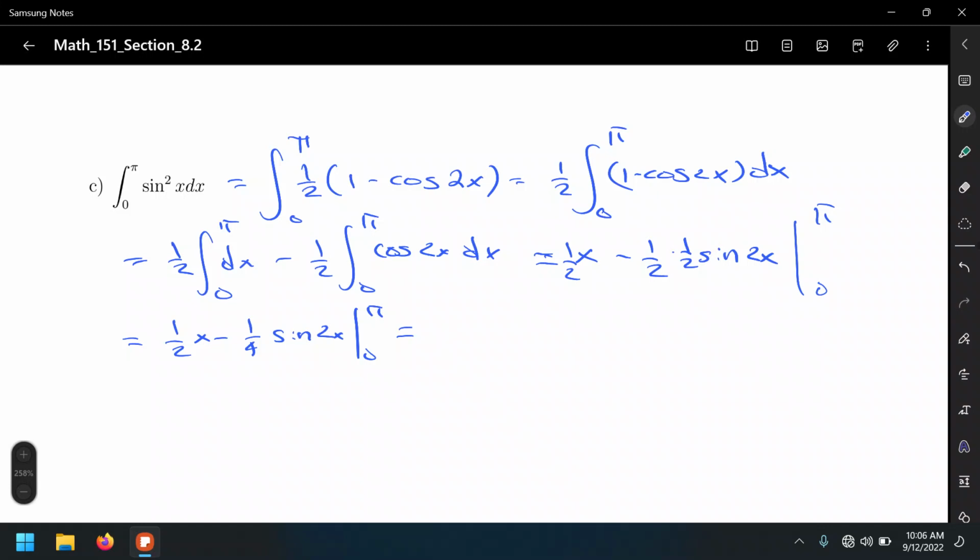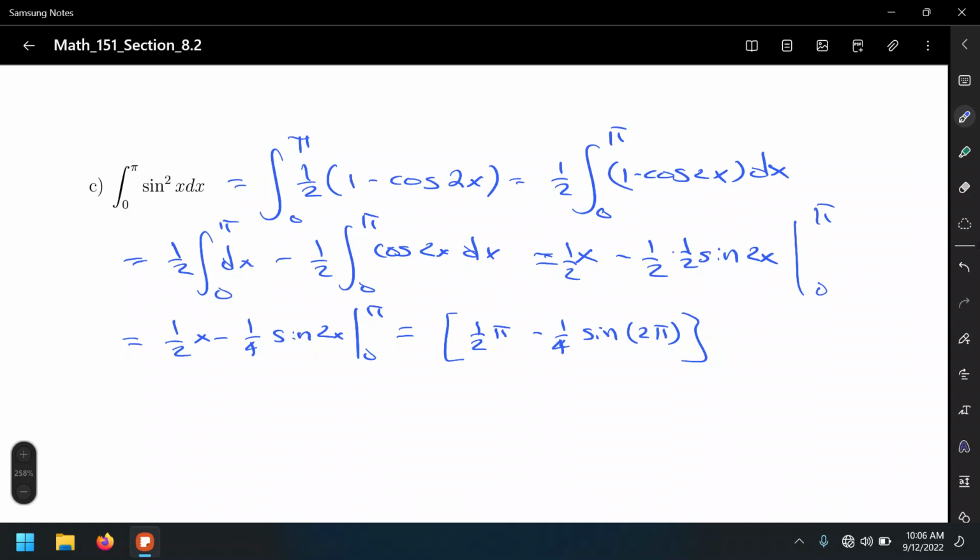So let's see what happens here. For the upper limit, that's 1/2 pi minus 1/4 sine 2 times pi. And then minus, what's the lower limit? It's 0. What would we get if we plug in 0 in the first term? 0. What about in the second term?